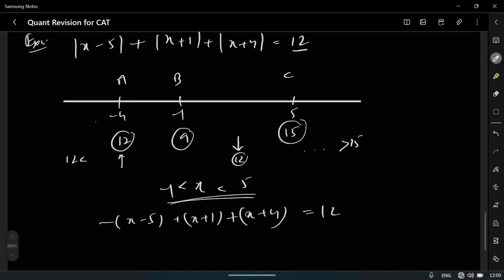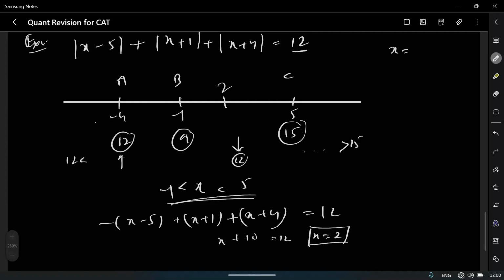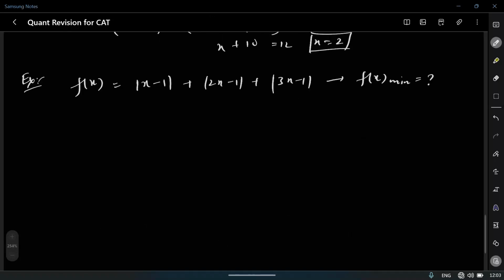So equal to 12. After solving this, x plus 10 equals 12, so x equals 2. So x equals 2 is one value at which we get a solution. So the solutions are x equals minus 4 and x equals 2. These are the two solutions of this equation.